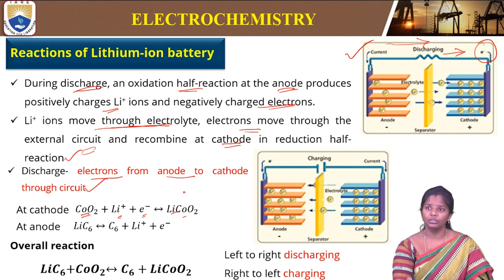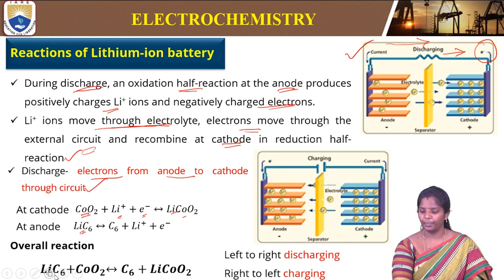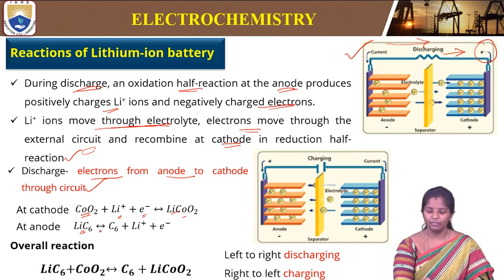So these are the compounds that will be forming, and then at the anode, lithium intercalated in the graphite will give lithium plus electrons. As we have seen previously, lithium and electrons, and C6 is graphite as such. So the overall reaction will be lithium in the graphite plus cobalt oxide giving rise to lithium cobalt oxide and the graphite as such. So these are the reversible reactions that are taking place.